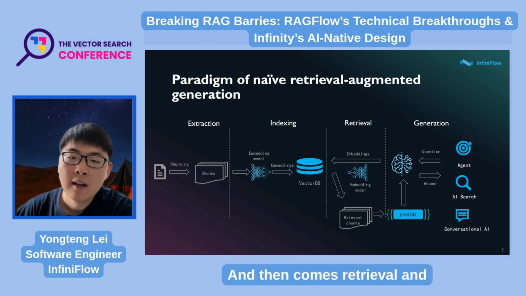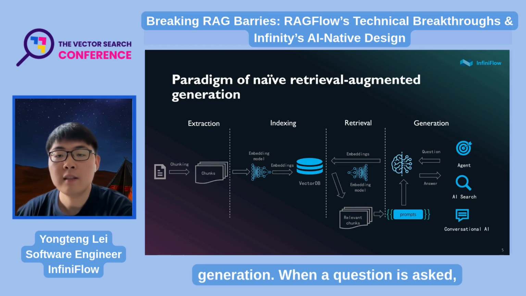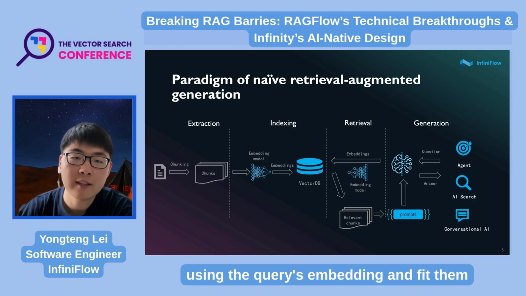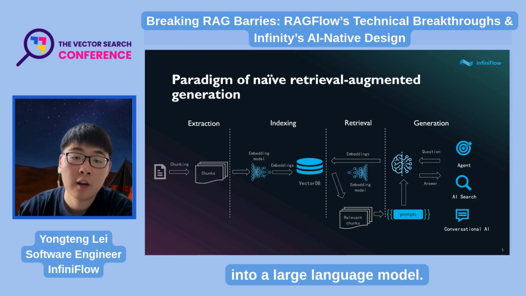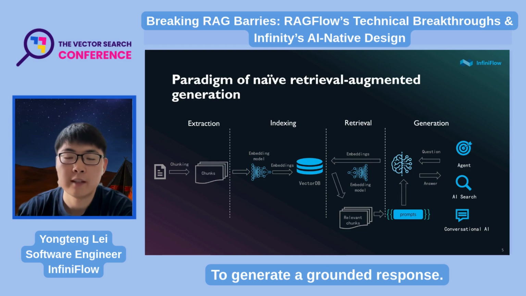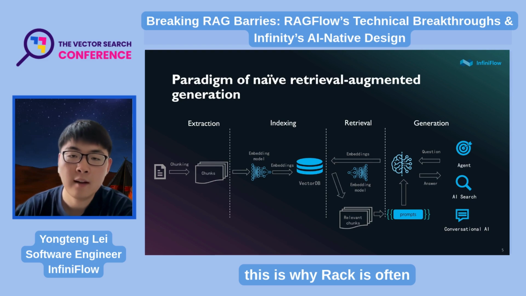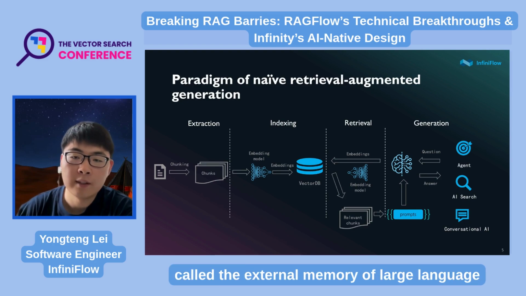And then comes retrieval and generation. When a question is asked, we retrieve the most relevant chunks using the query's embedding and feed them into a large language model to generate a grounded response. And this is why RAG is often called the external memory of large language models.